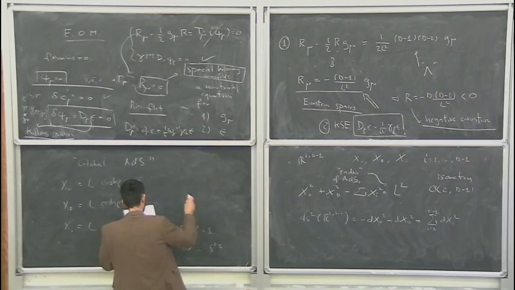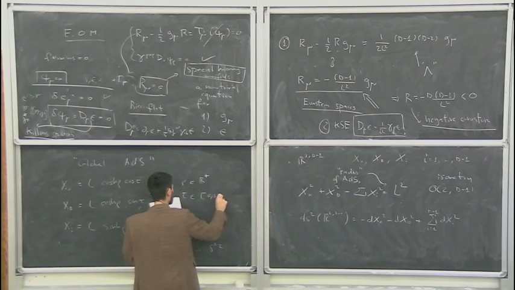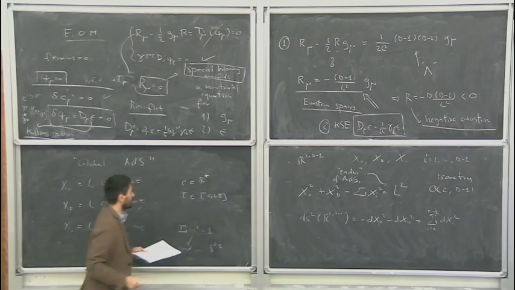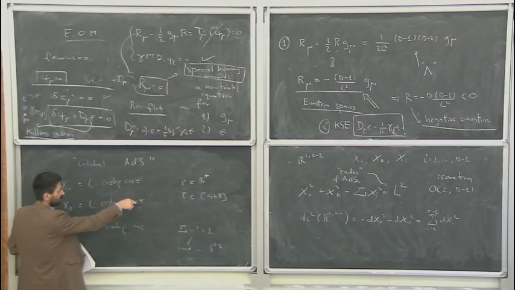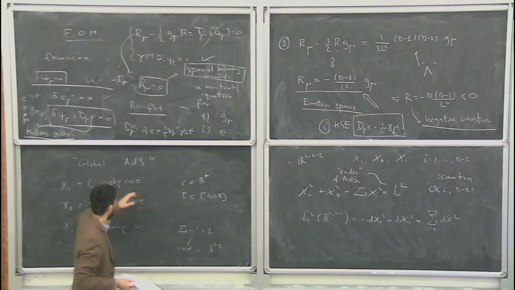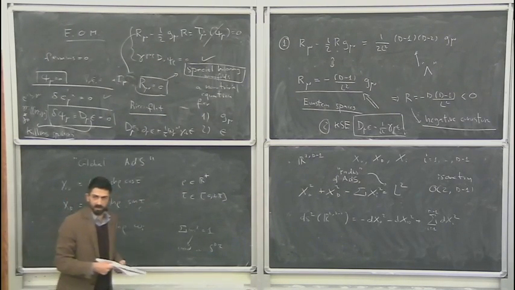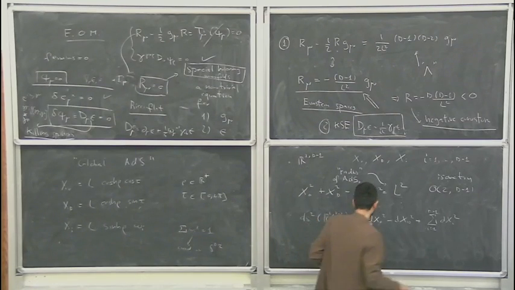So rho is, by construction here, a non-compact coordinate, whereas tau is a compact coordinate. So tau, because it appears inside the sine and cosine, has periodicity 2 pi, whereas rho, the natural range of rho, is between 0 and infinity. So it is on the half line.